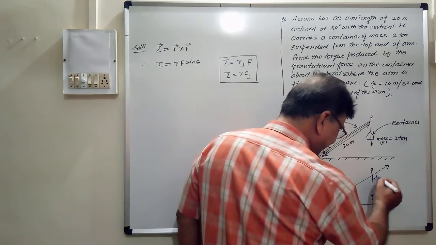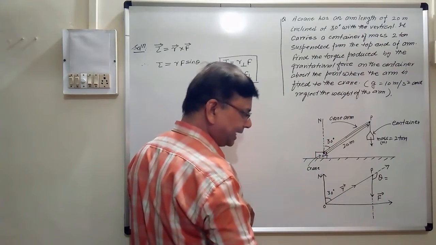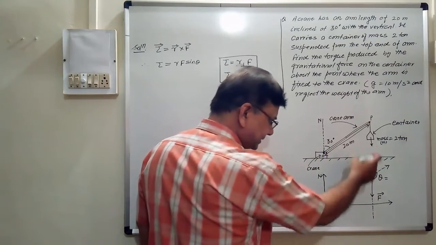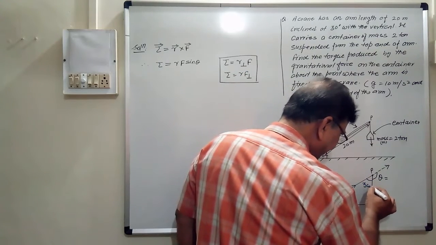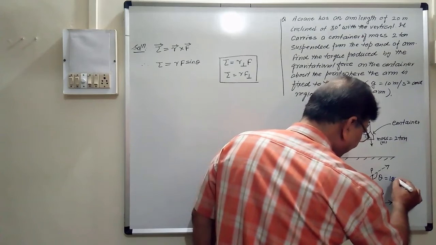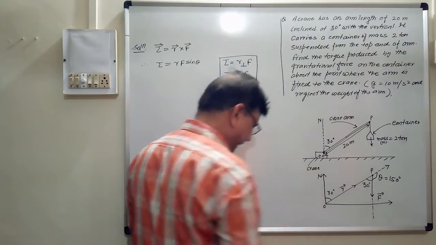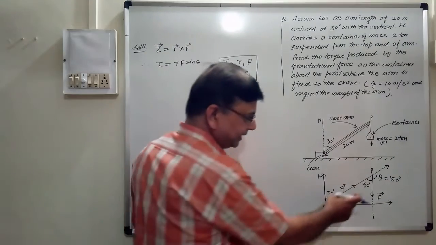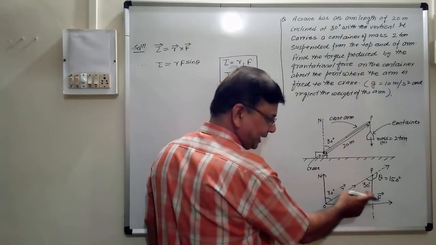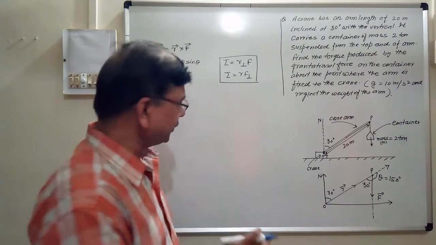So this is theta, right? And what is the measure of this angle? This is vertical, this will also be 30 degree, so theta will be 150 degree, because total angle is 180. So angle between R and F, we cannot take 30 degree.